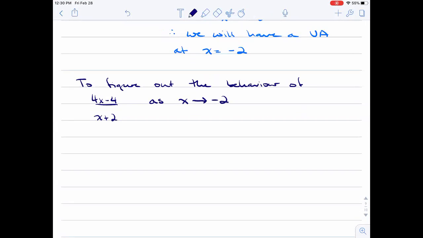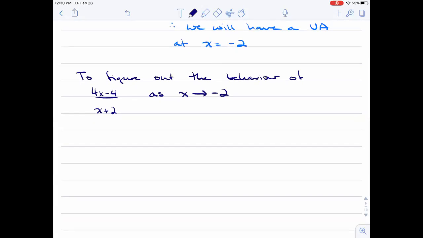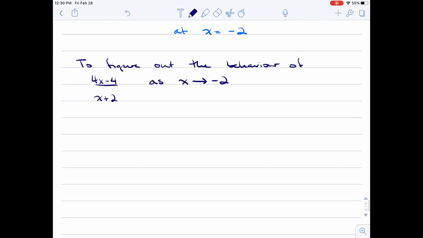So we have to check all of those points. And so to figure out the behavior as x approaches -2, we usually make a table of values.